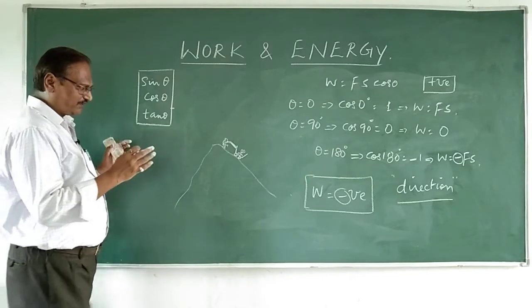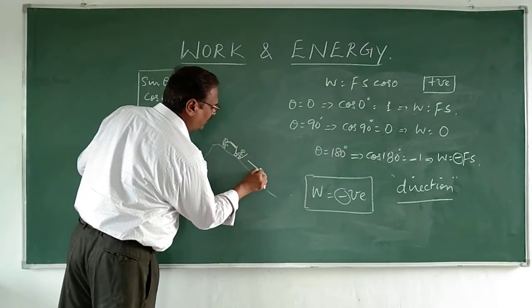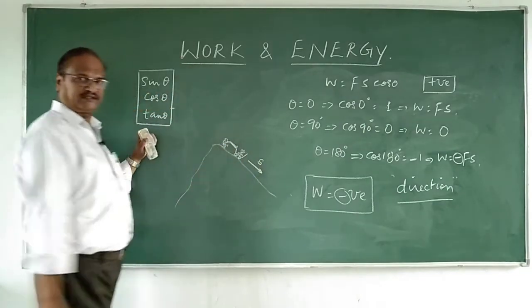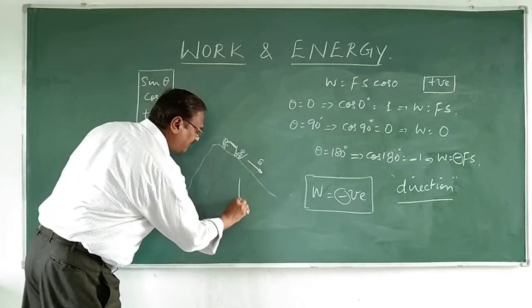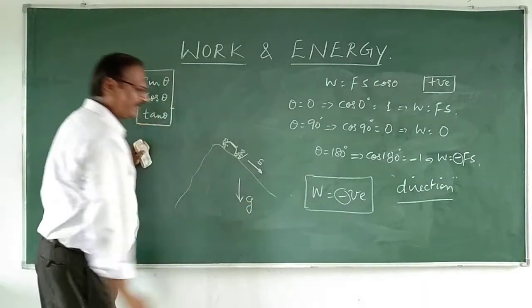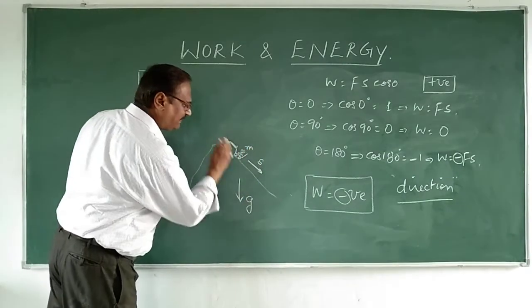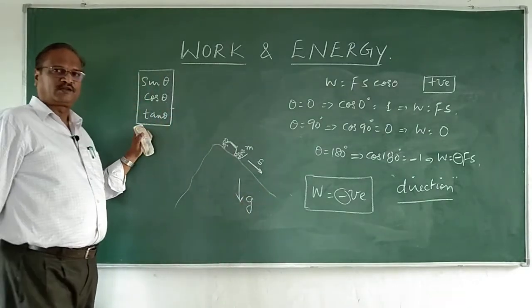Watch carefully here. The body is going in the downward direction. Displacement is in the downward direction. That is because gravity is acting in the downward direction. And the baby is having a mass. So mass into gravity, weight is pulling it down.